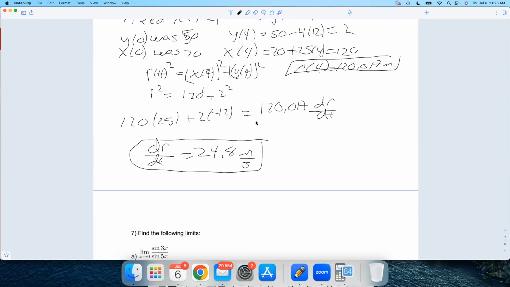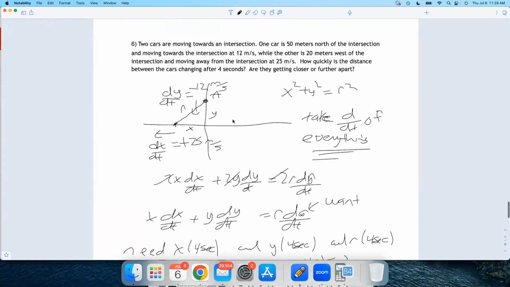Okay. There are a lot of different versions of this problem. This is a really good related rates problem. You're always going to have this relationship after you take the derivative. The key is getting the right signs on your dx and your dy. Are your distances getting bigger or smaller? If they're getting smaller, it's a negative. If it's bigger, it's a positive.